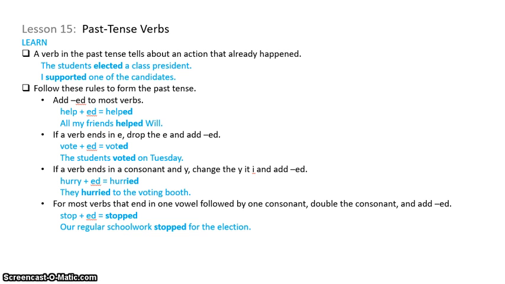Now, here is one that people get tripped up on all the time. If I have the word hope, and I want to make it past tense, I'm going to write the word hoped. So I drop the silent E and I add ED. So I spell it H-O-P-E-D.